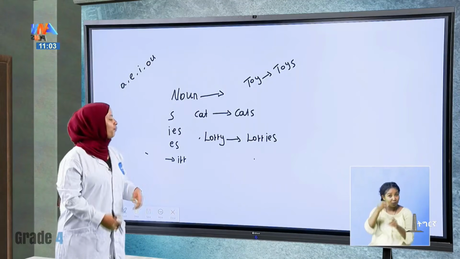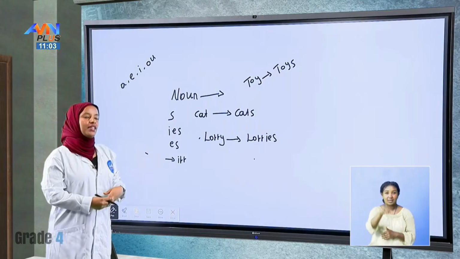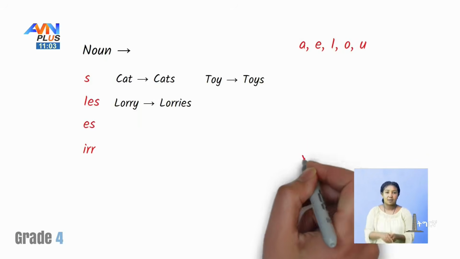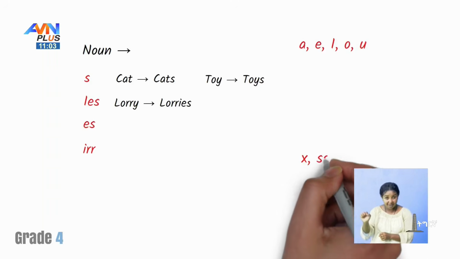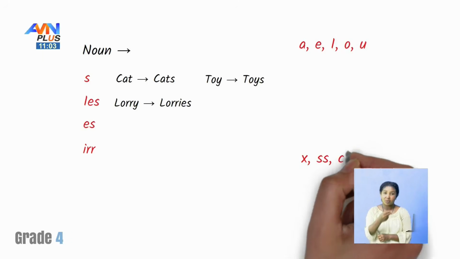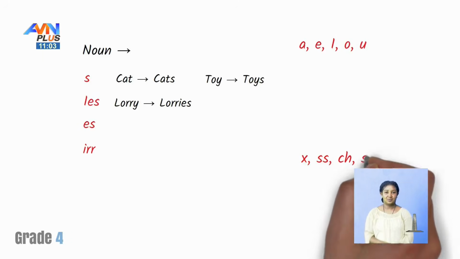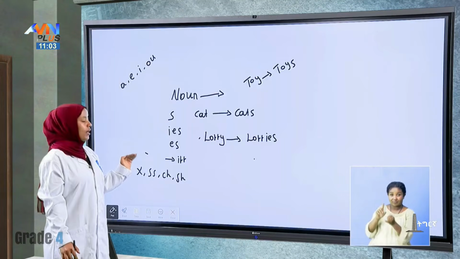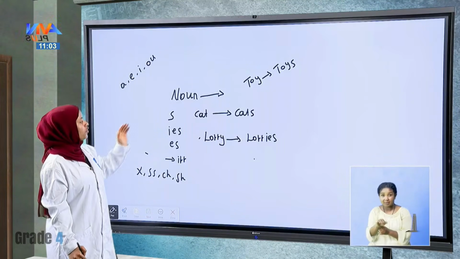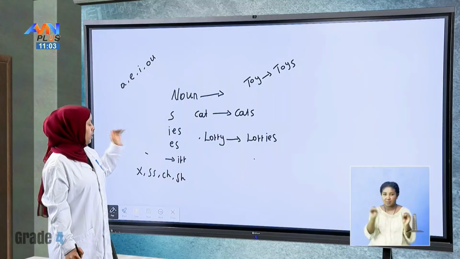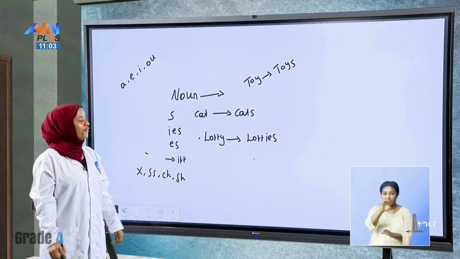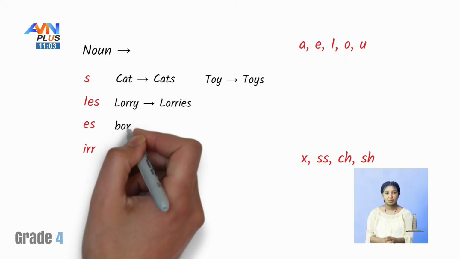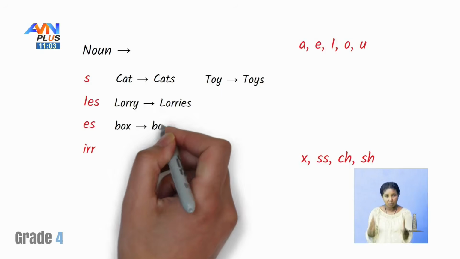Don't forget it. The next one is ES. Some nouns end with X, SS, CH, and SH. If a noun ends with these letters, we don't add S or IES. We just add ES. For example, box, boxes.